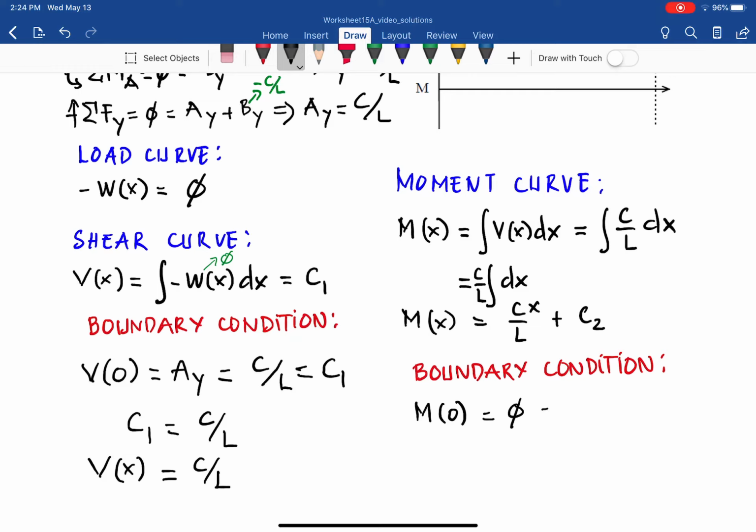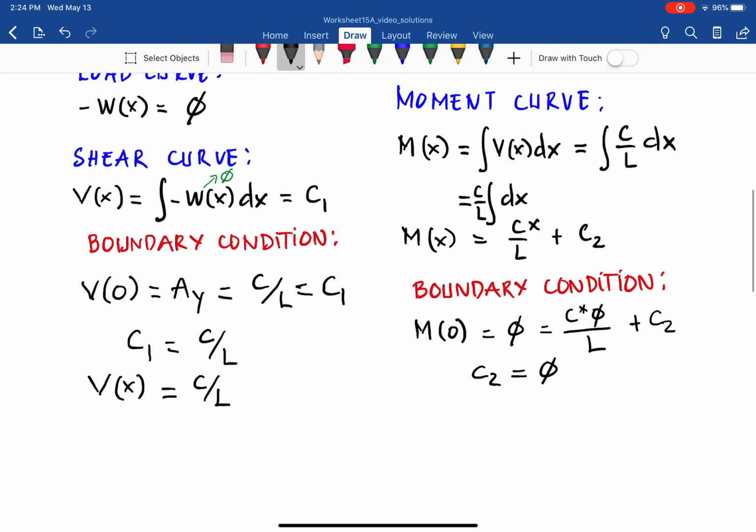So what does that mean? Plug in to Mx, it will be C times 0 over L plus C2, so C2 equals 0. And from C2 equals 0, plug it back.